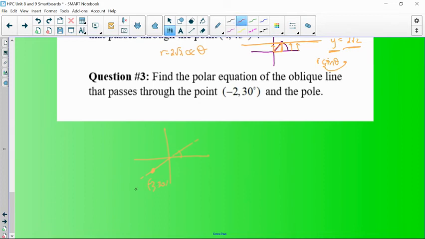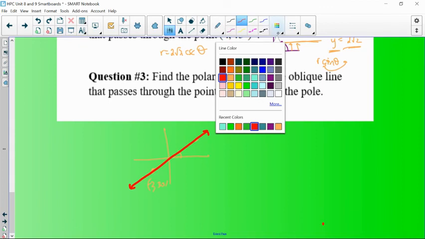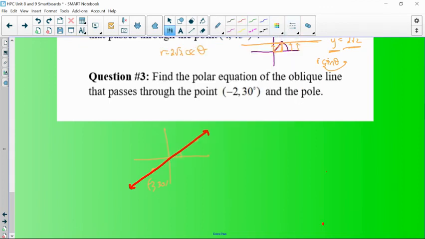So actually give me the line that goes through that point and the pole, which is the origin. So right there. So there's actually many ways that we can express this line. One way is we could just say theta equals 30 degrees, or pi over 6. If you wanted to give radians, that's fine.